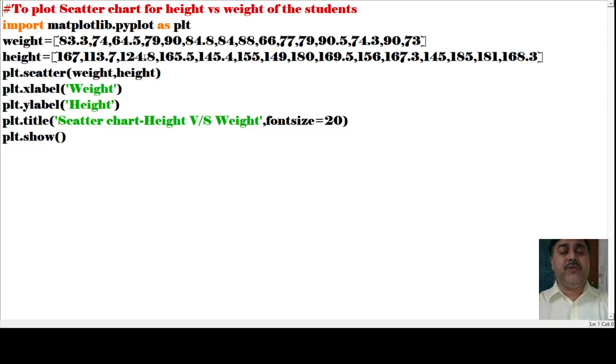Based on those different types of numbers that have been given, we can see that we can create different structures. The labeling, as you know, X label and Y label, the title, plt.show, those things remain the same. The only thing we have implemented, the function we have called here, is known as scatter.